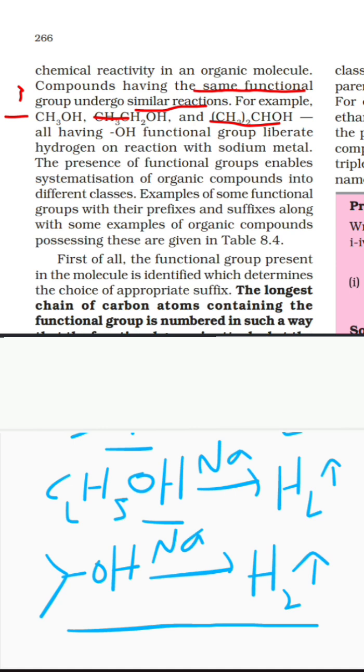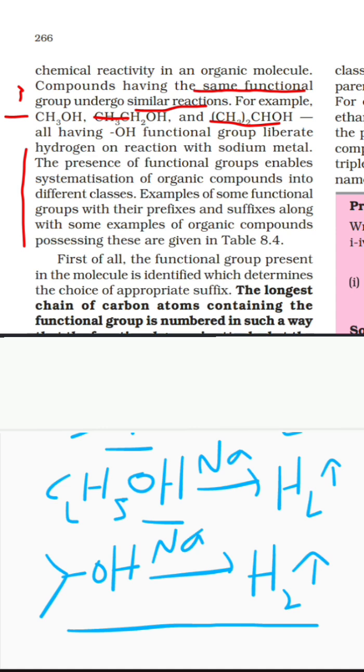The presence of functional groups enables systematization of organic compounds into different classes. That means all compounds with one type of functional group are combined into one type of group. So many functional groups are there, so different groups of compounds are there.